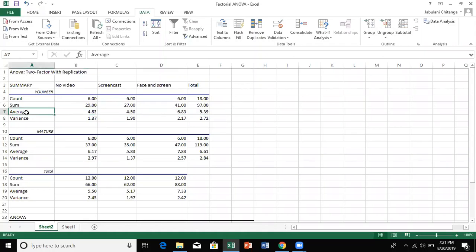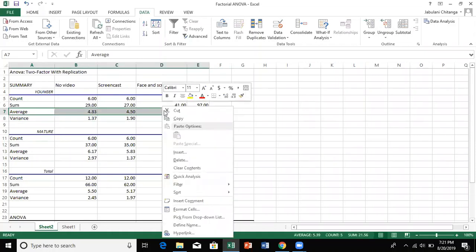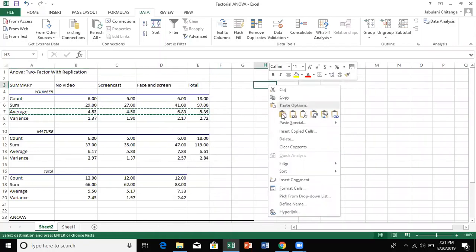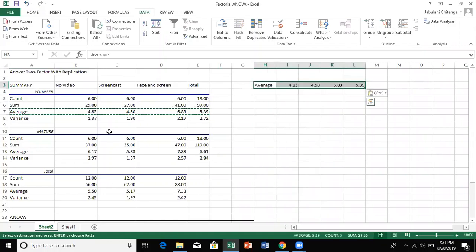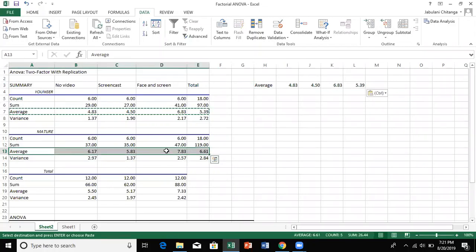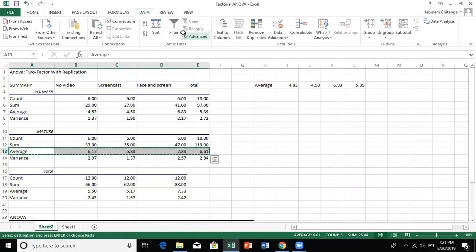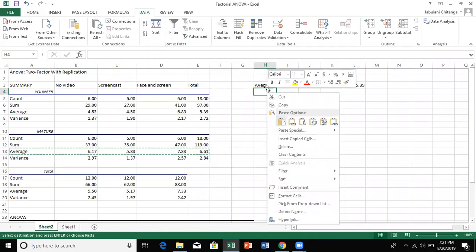Let me copy this. Let me try to be as quick as possible. Copy, and paste here. And then for the other, so this is for the younger, and then for the older students, for the mature. And copy, and then paste.